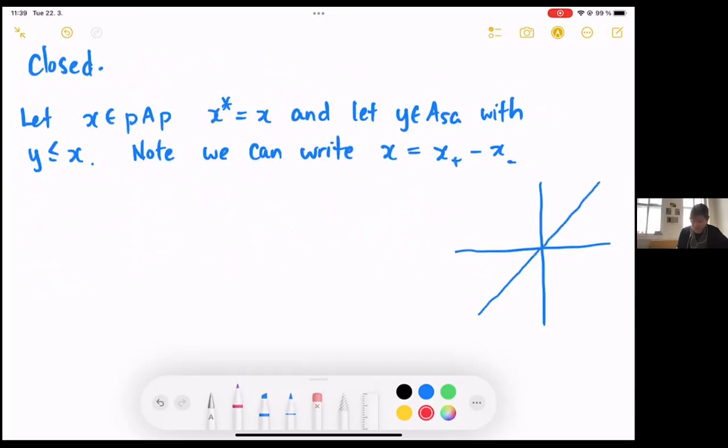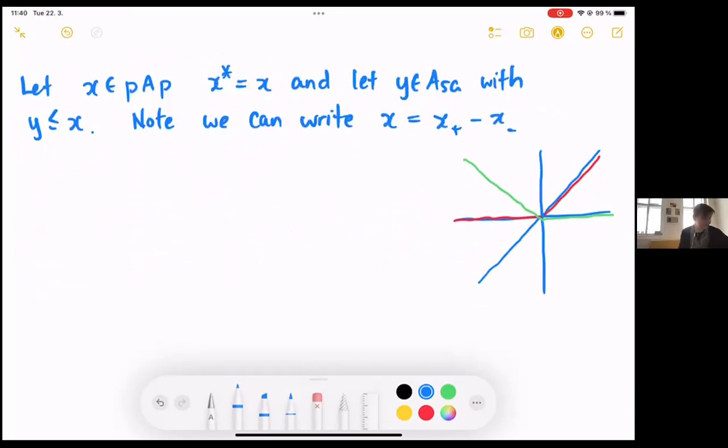So X plus is this, and X minus is this, and they add up to X, they're both positive. And clearly, if Y is smaller than X, then it's smaller than X plus.